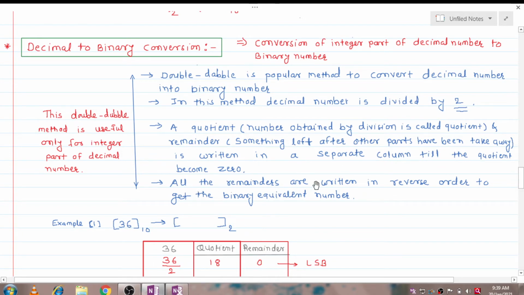All the remainders are written in reverse order to get the binary equivalent. Whatever remainders we get, we write in reverse order to get the binary equivalent number.